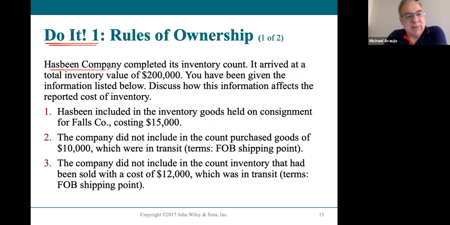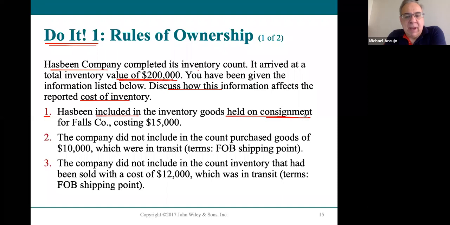So where we have Has-Been Company, they are completing their inventory count. They have a total value of inventory of $200,000, but you've been given additional information listed below. And you have to tell us how this information affects the inventory. Well, the first thing here is that Has-Been included goods held on consignment.